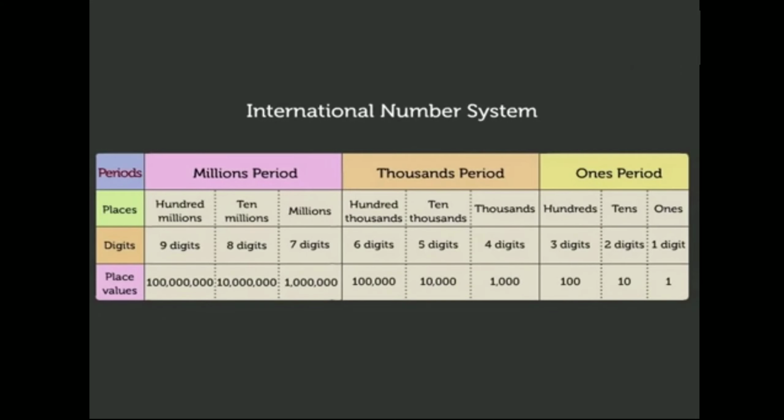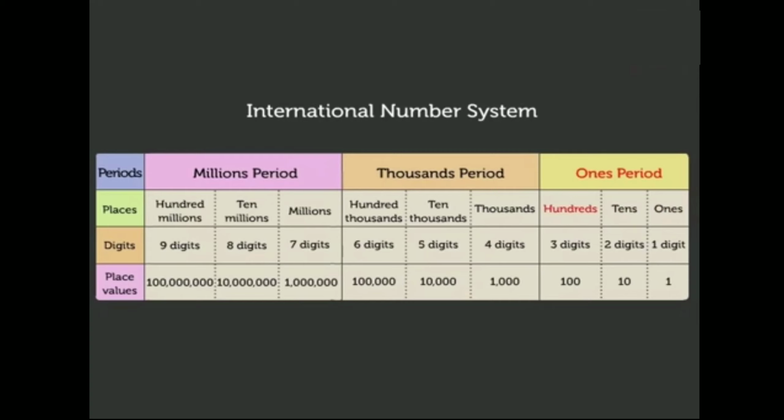Look at this table. It shows the periods, the places and the place values. In this system, the 6-digit numbers are placed in the ones and the thousands periods. The 7-digit numbers are placed in the ones, the thousands and the millions periods. Here each period consists of 3 places. The ones period consists of ones, tens and hundreds.